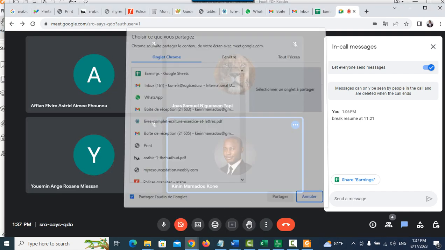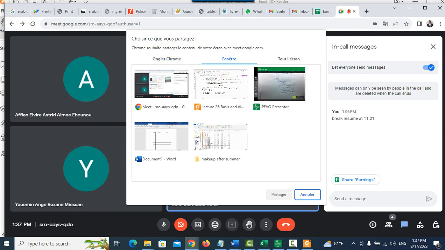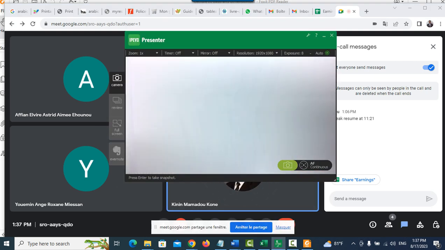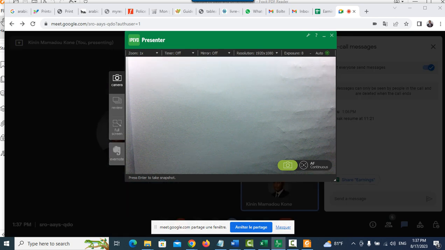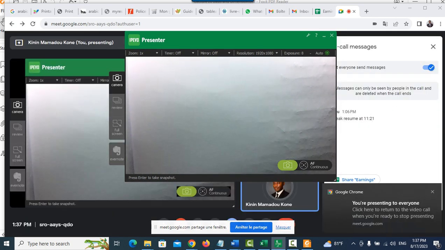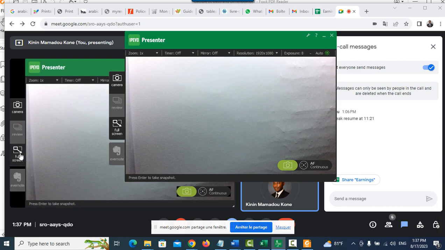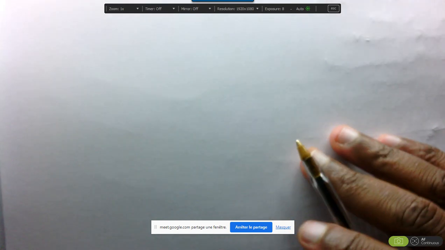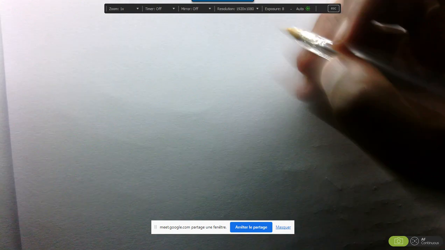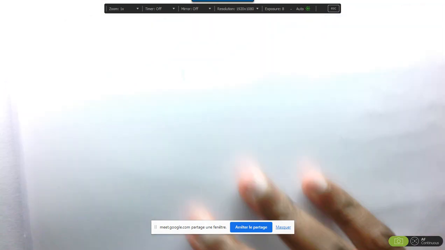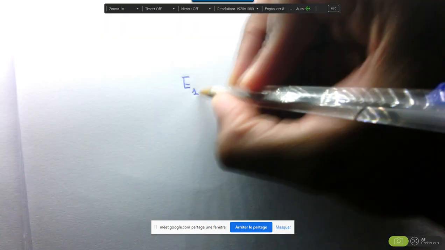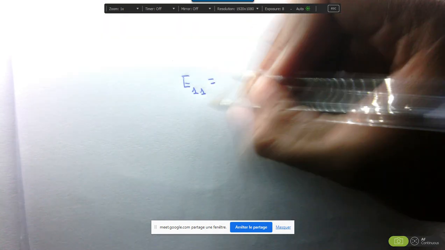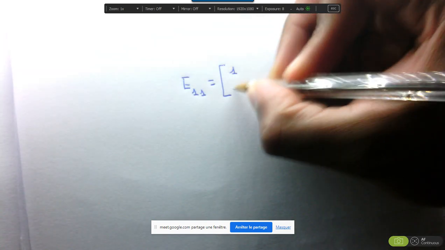So let's try to work on this. In the first case, E11 is the matrix 1 0 0 0.